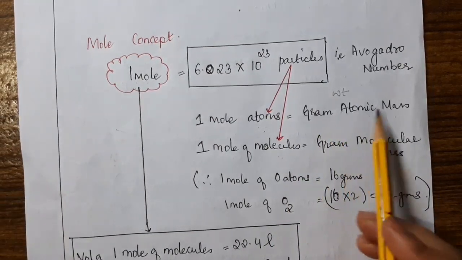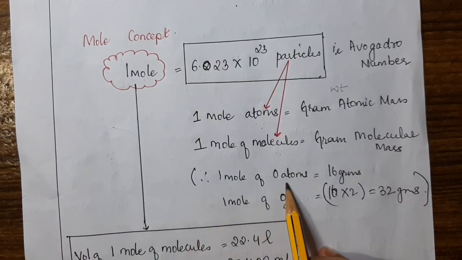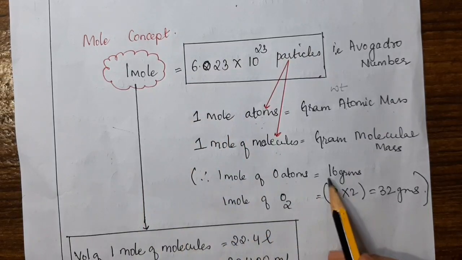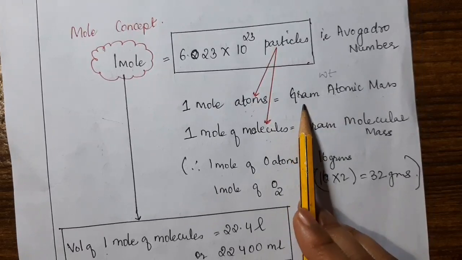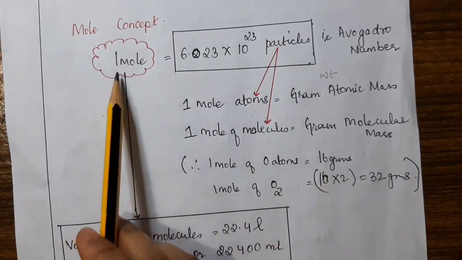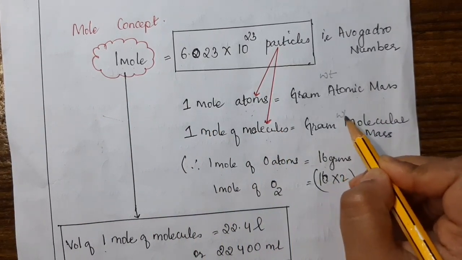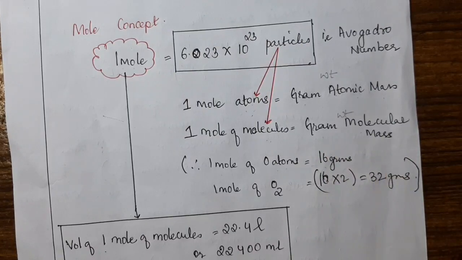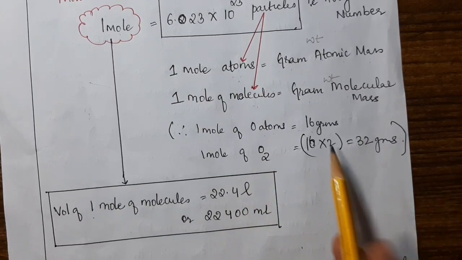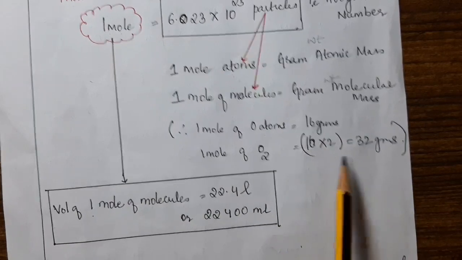It's written out here, 1 mole of oxygen atoms: the weight would be equal to the gram atomic mass of oxygen, 16 grams. And the weight of 1 mole of molecules would be equal to the gram molecular mass. So 1 mole of O2 molecules, what is the weight? 16 into 2, 32 grams. This is the gram molecular mass.